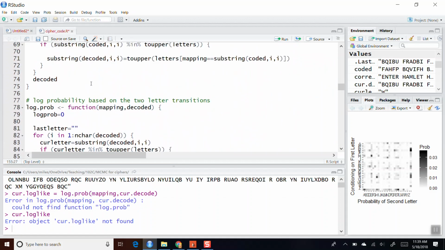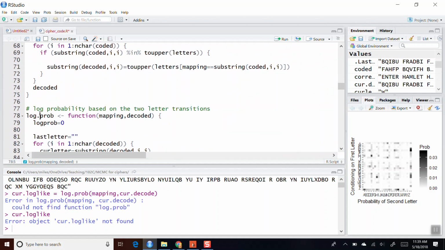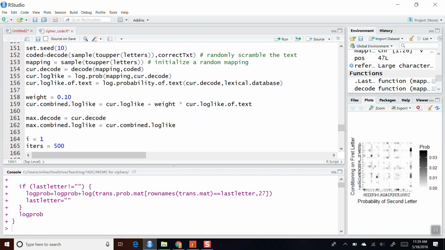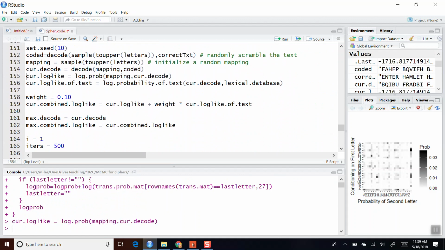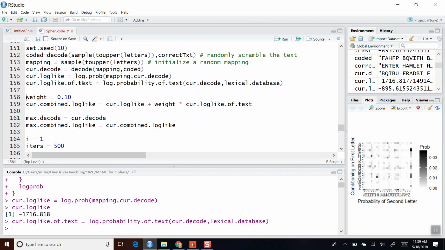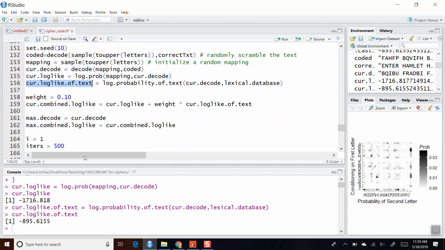Apparently I didn't hit enter somewhere. All right, so we'll run this. This is the score associated with the two-letter transition, and this will be the score associated with the word probabilities.